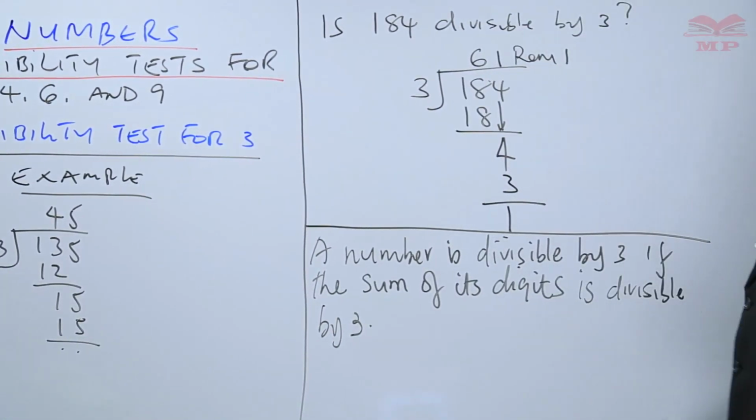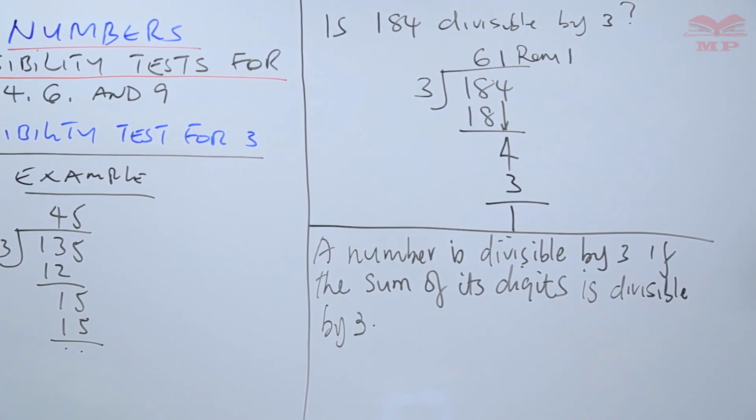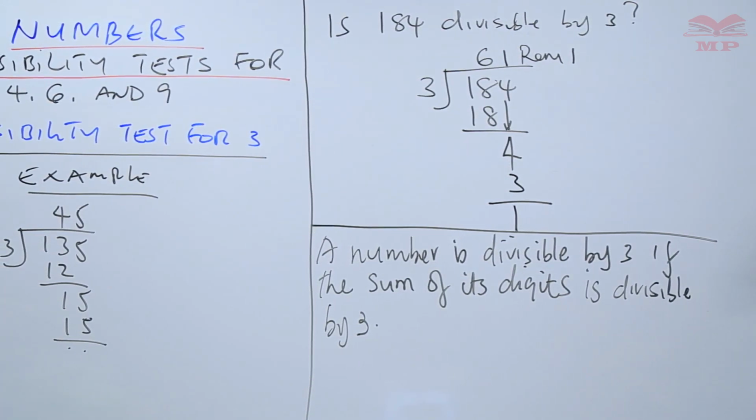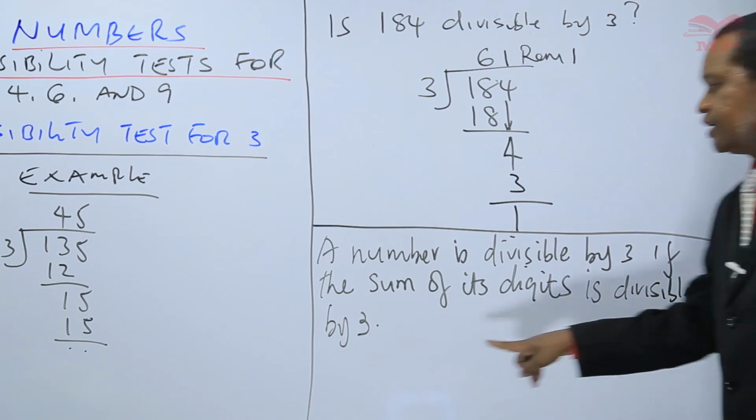You can tell a number is divisible by 3 if the sum of its digits is divisible by 3.